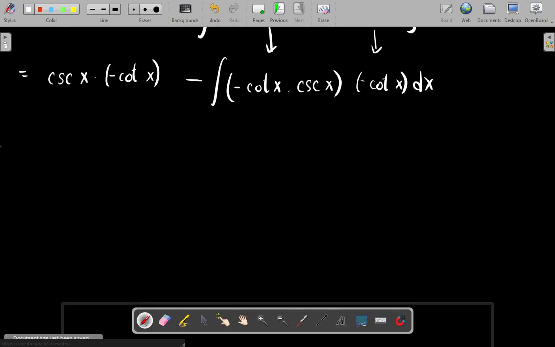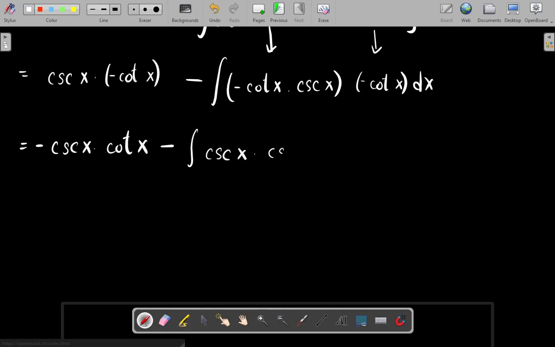Okay, so now we have minus cosec x cot x, and again minus minus minus, so it will be a minus outside. We have cosec x, and this is cot square x, right? So we can directly write cot square x as cosec square x minus 1.